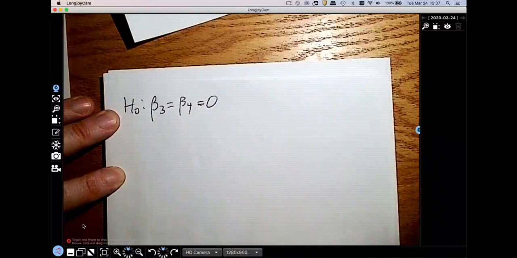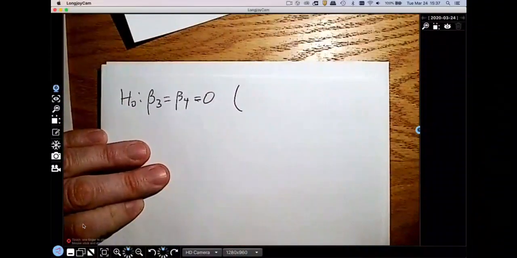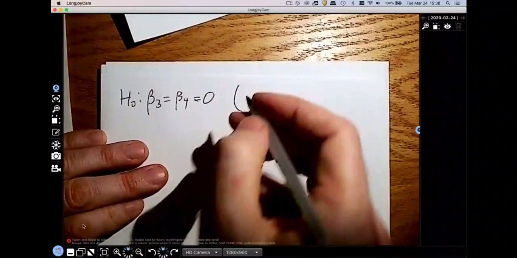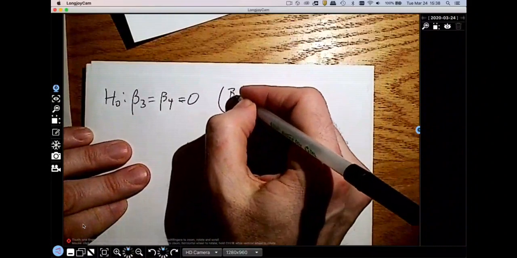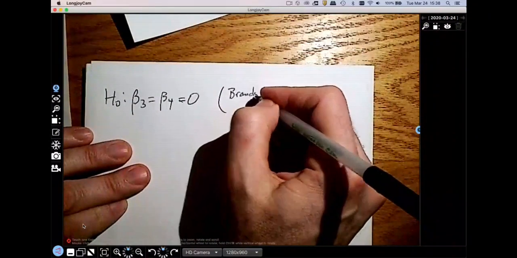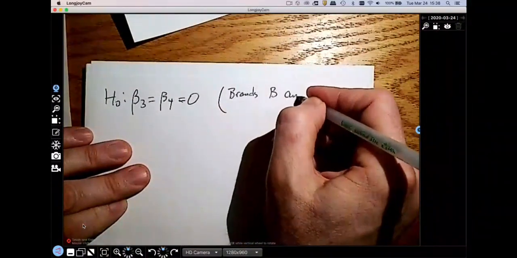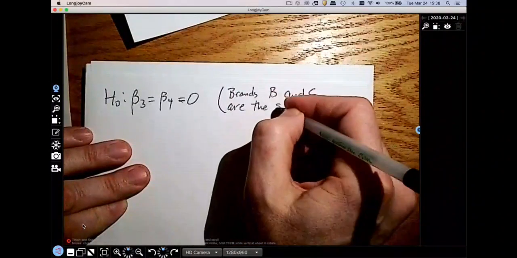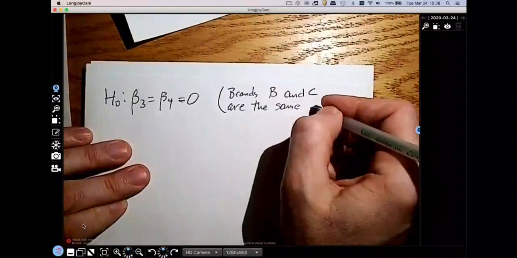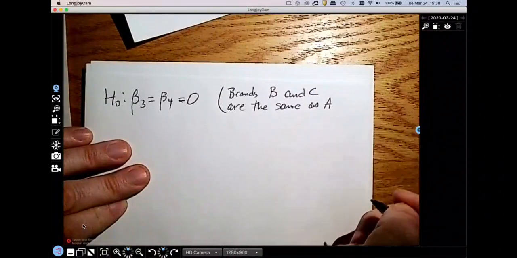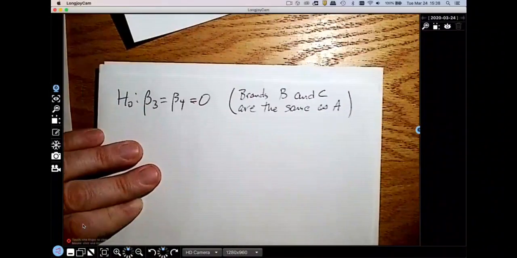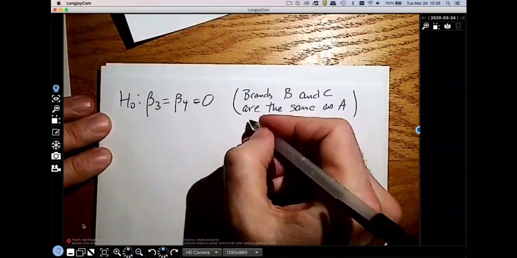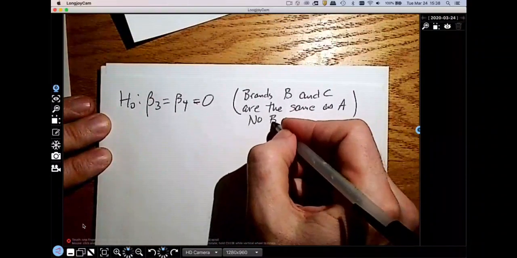And if we want to write what this means in English, I would say something like brands B and C are the same as the base brand, which is A. Or you could also just say no brand effect.